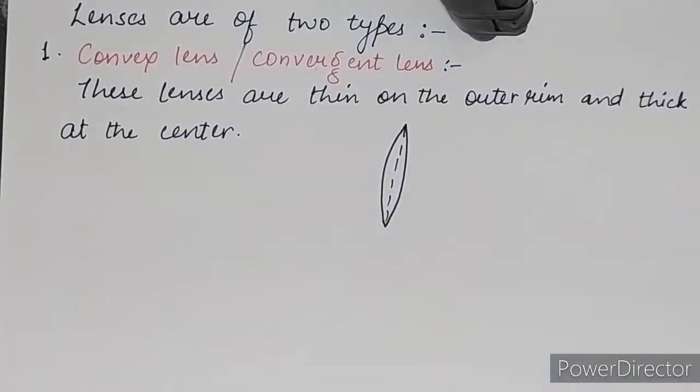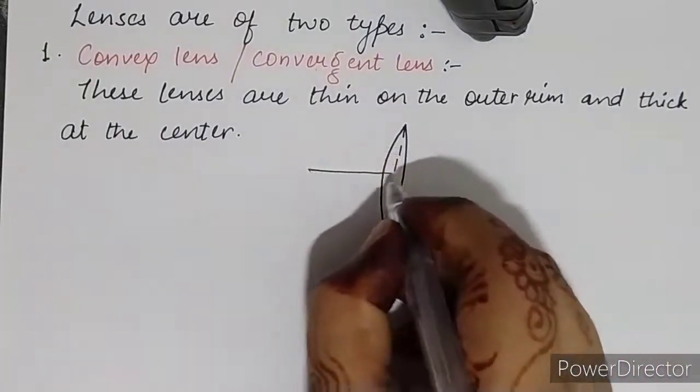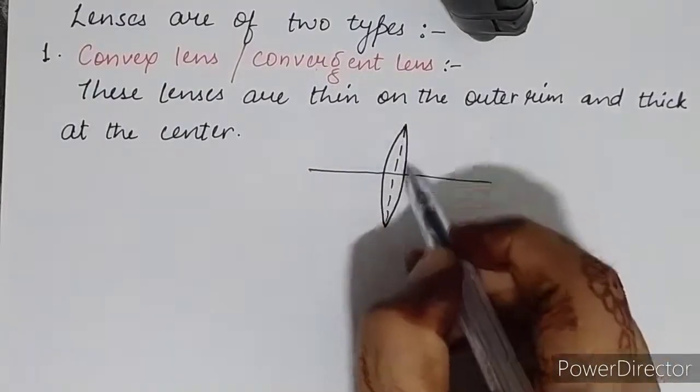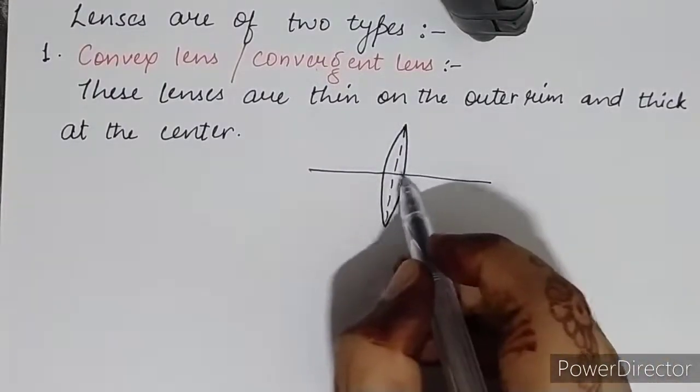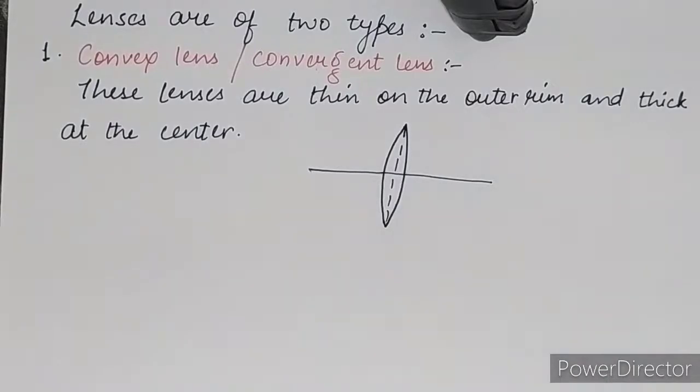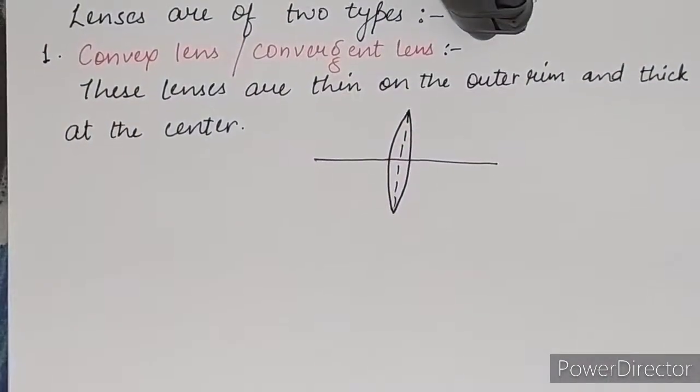This is your convex lens. It is thin from the outer rim and thick from the center. Clear? Okay.